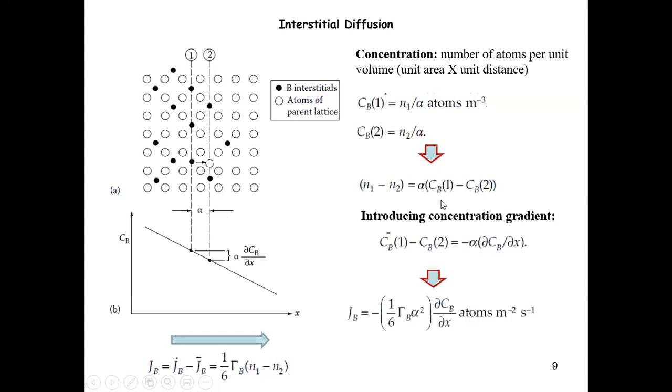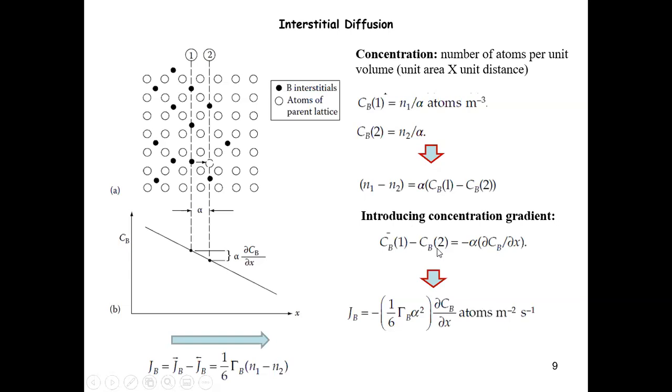Okay, now after all of these natural considerations, we can now write down the overall flux of the atoms from the left to the right in this particular way, right? The interesting thing I want to note here is that if you take the concentration of atoms along plane 1 and minus that of plane 2, this number should be positive.